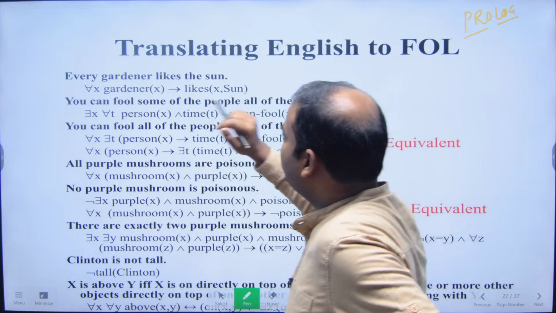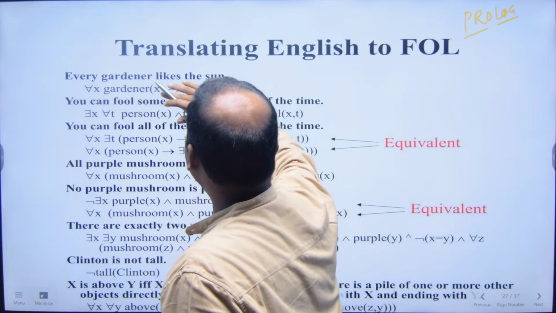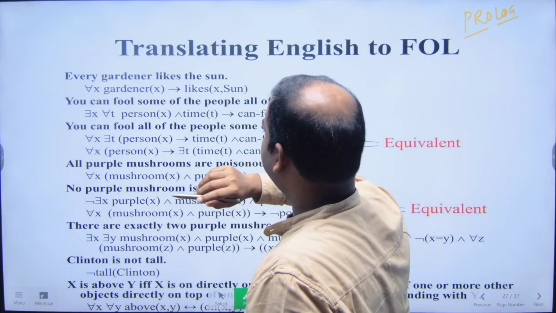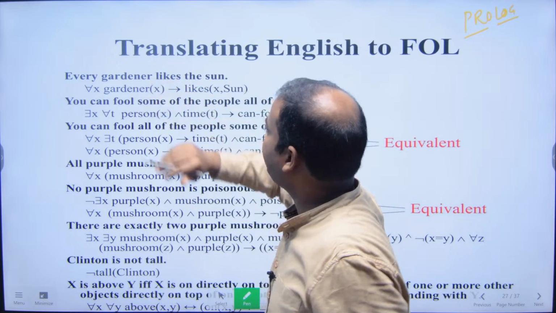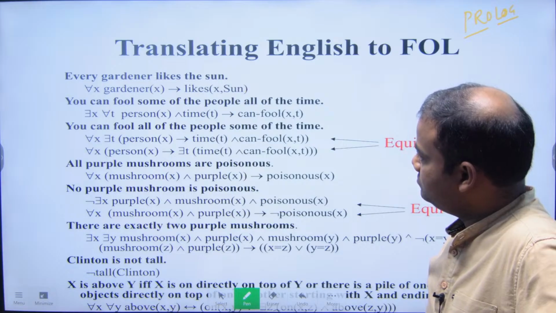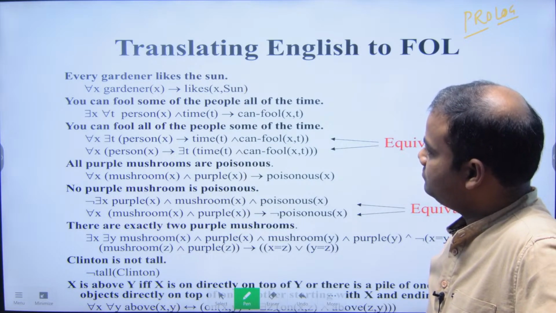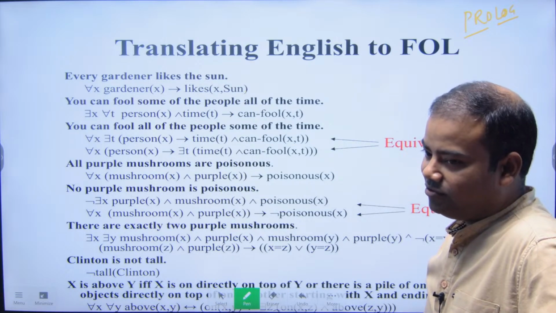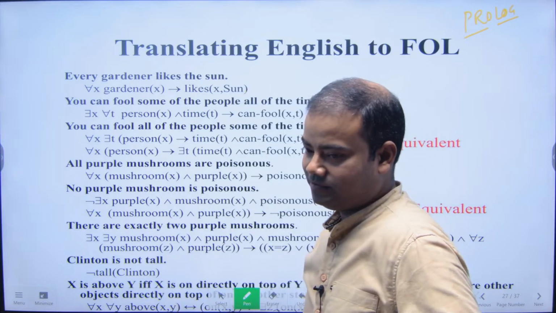Now you try to write this: every gardener likes the sun. For all x. Try to write this yourself.